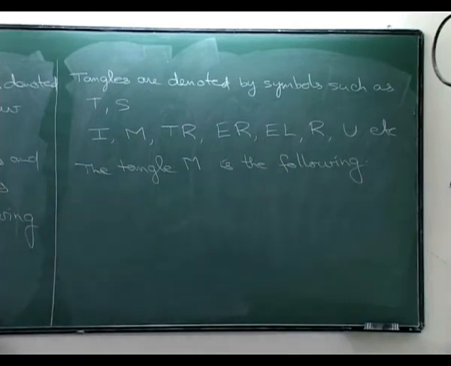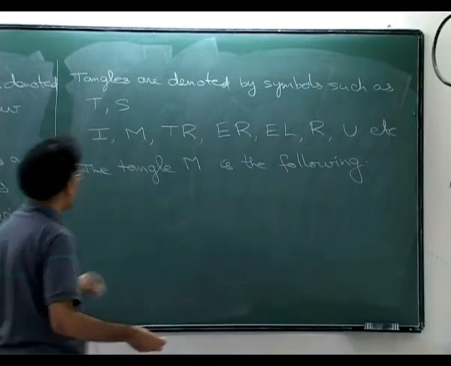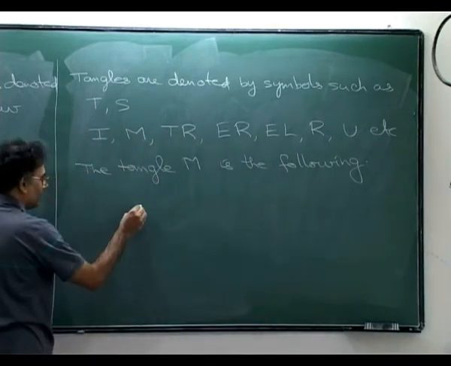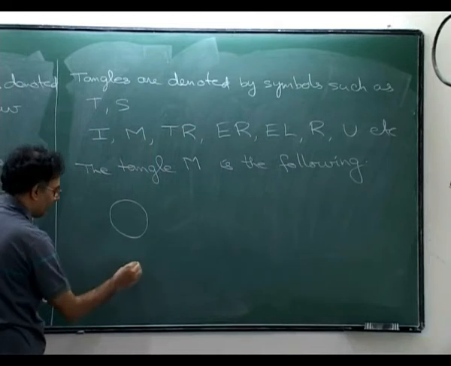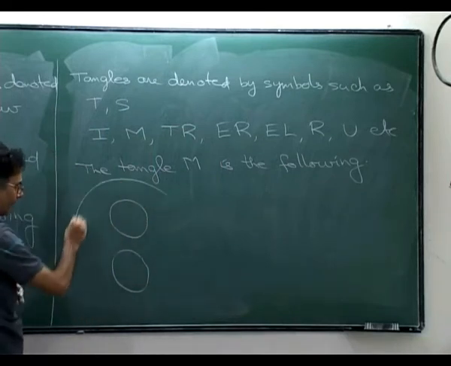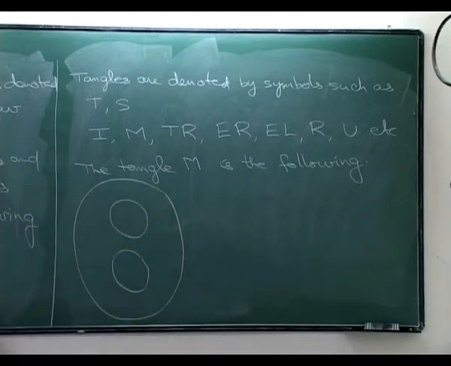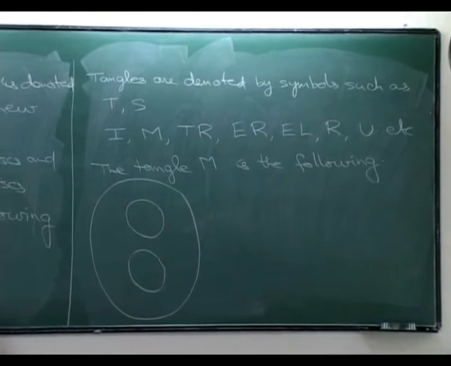Let me begin with some simple things, then I'll come to subscripts, superscripts. This tangle M is actually not a single tangle, it comes in a family. I'll illustrate one of these tangles. So here it is. It has two internal discs and one external disc. The tangle M has two internal and one external disc.